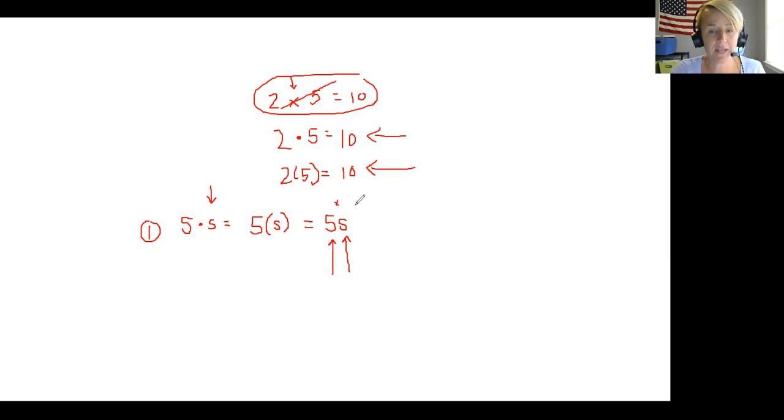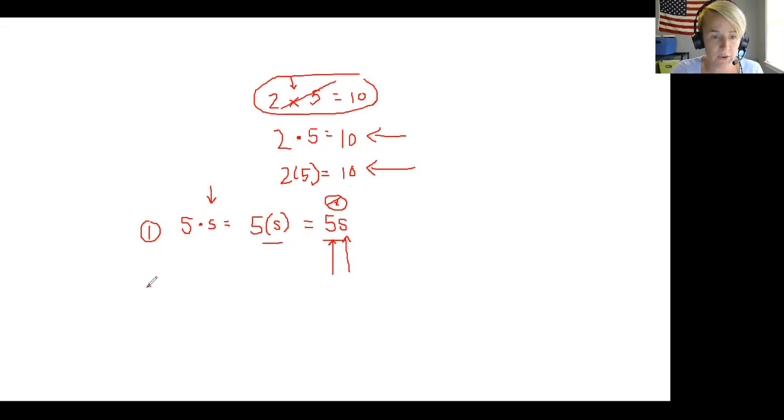That's what it means. It means multiplication. We just don't use this old school multiplication sign anymore because it can look a whole lot like the variable x. So if you see 5 and s together, it means 5 multiplied by s. And these two are your answers for number 1.